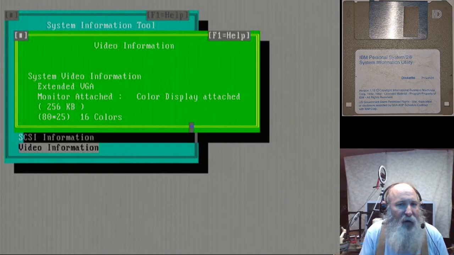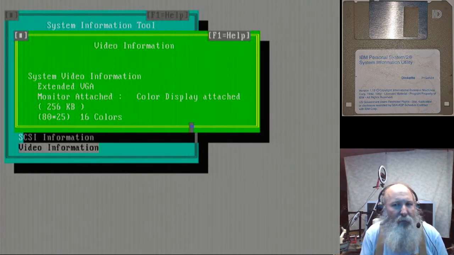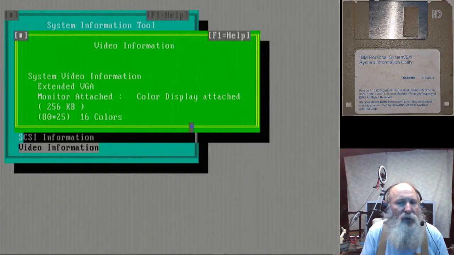In this case, I have the VESA driver loaded, so it's able to do 256 colors rather than the 16 colors they're showing there. So this system information tool is just giving a hard-coded return value, not showing what the system actually has.